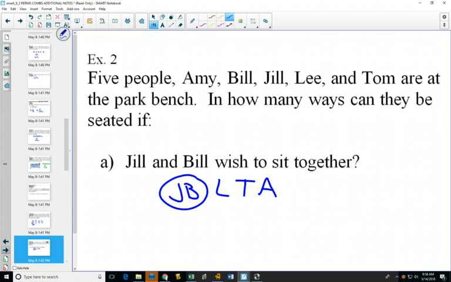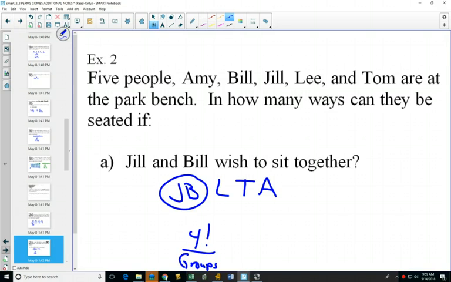But can Jill and Bill sit in between Lee and Tom? Could they sit in between Tom and Amy? Yes. Lee, Tom, and Amy don't have to sit as a group. They can be split up. So what ends up happening is we have, as our number of groups, 4 of them, because Lee, Tom, and Amy are all individuals.